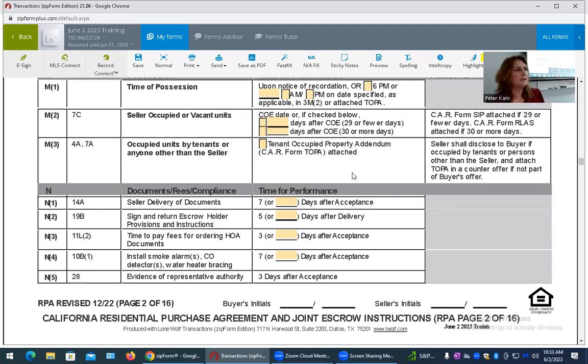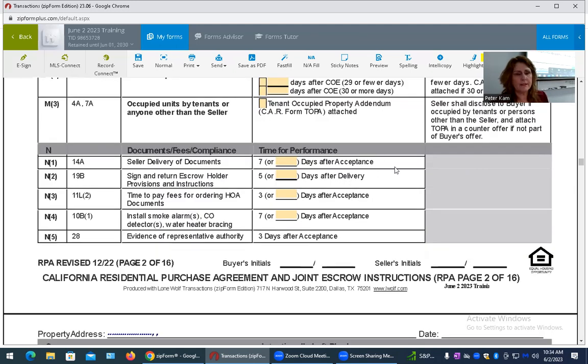So if Uncle Bill is in a bedroom at his niece's house and he's not paying rent, you still need to request a TOPA. You won't know this when you're making an offer perhaps, but you can ask the listing agents, are there any occupants in there other than those on title? I'm not talking about minor children. I'm talking about adults. Okay. So you want to cover that with a TOPA.